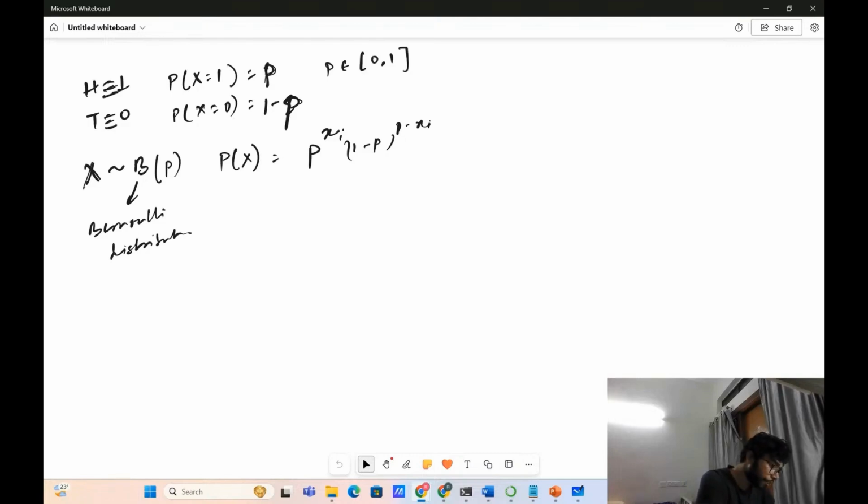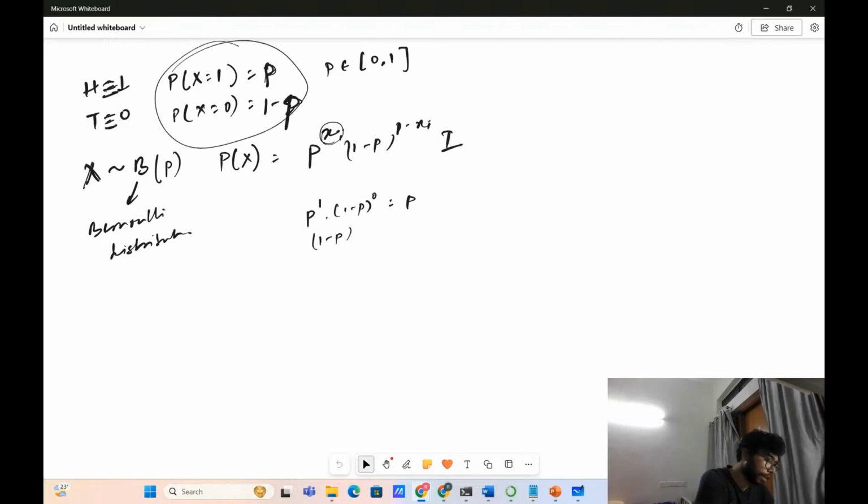If x takes value 1, this expression becomes p to the power of 1 and (1 minus p) to the power 0, so that is basically p, right? And if x takes value 0, then this will turn out to be 1 minus p. So this is the representation of this experiment. Is that clear?